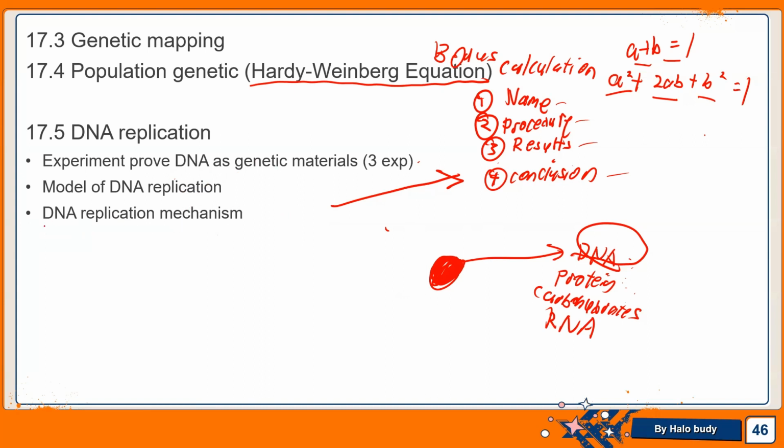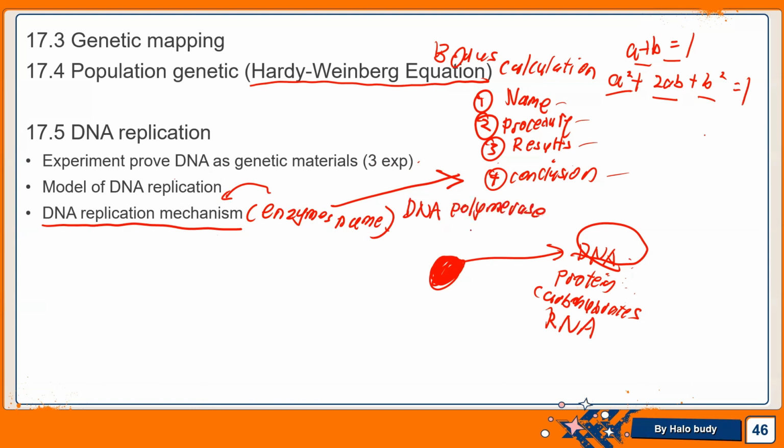Okay, so this mechanism is also very important, and there are many enzymes that play a role in this mechanism. Like I give the example, DNA polymerase. Okay, DNA polymerase 3.